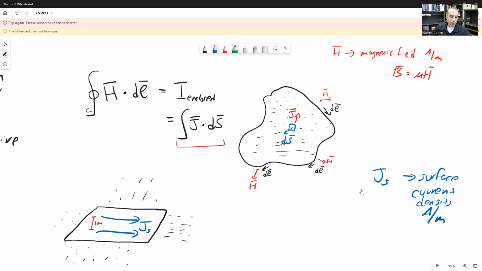To figure that out, you can set up what's called an Amperian pillbox or something, which I don't have to worry too much about what it is, but it's basically a square that goes in and out of this sheet and is straddling both sides.